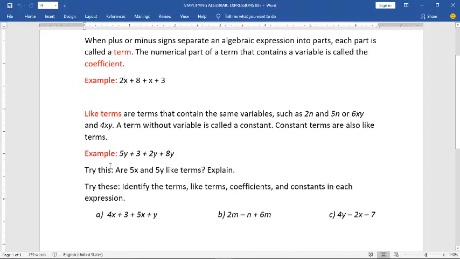Let's try this example. We have 5y plus 3 plus 2y plus 8y. This algebraic expression again has 1, 2, 3, 4 terms.